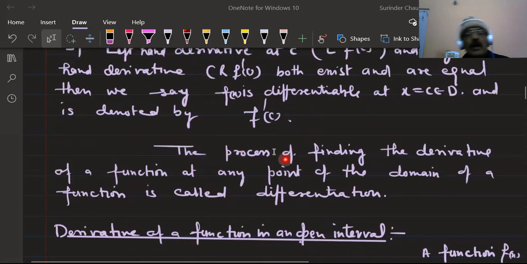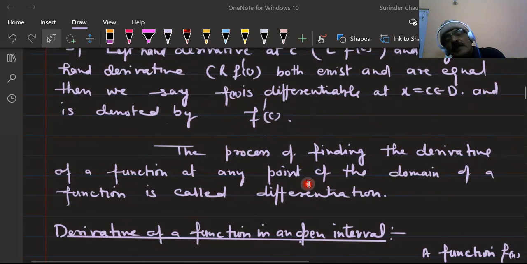Now we know that if a function is differentiable at the point, then both the left hand derivative and the right hand derivative at the point must exist. The process of finding a derivative of a function at any point of the domain is called differentiation.